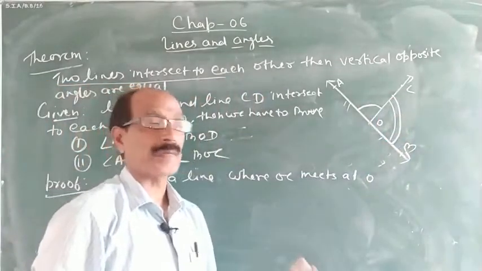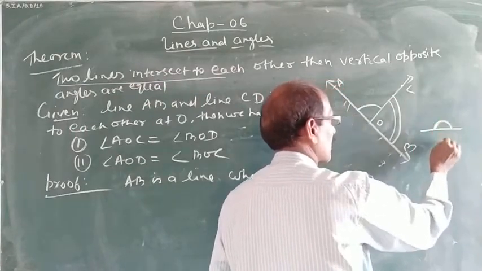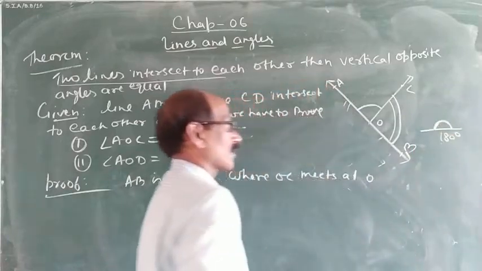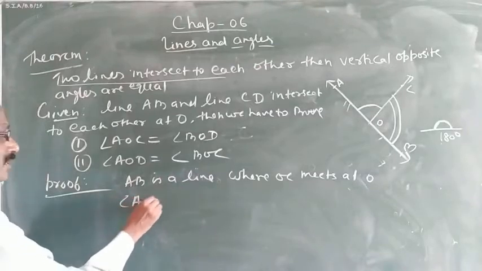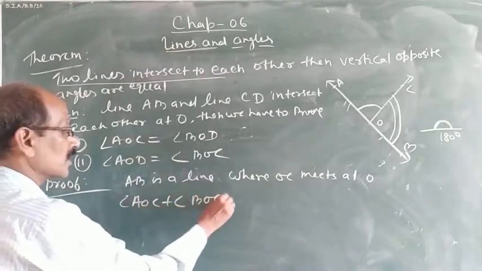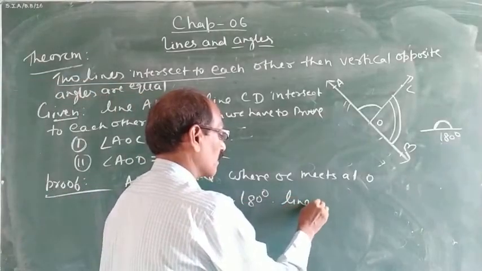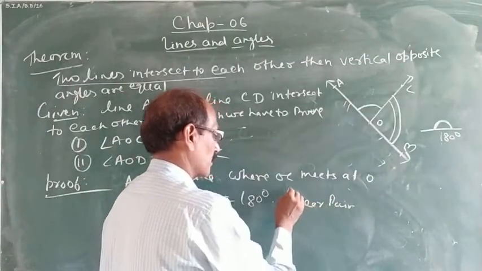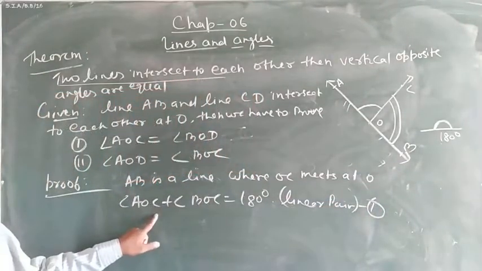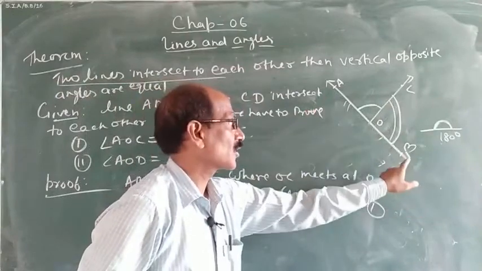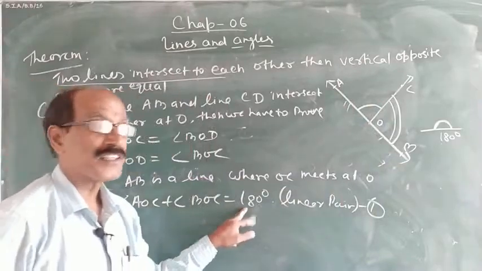This is known as the linear pair. The symbol is a semicircle, and the form of a semicircle is called 180 degrees. So we write angle AOC plus angle BOC is equal to 180 degrees. The rule is linear pair. This is equation first.